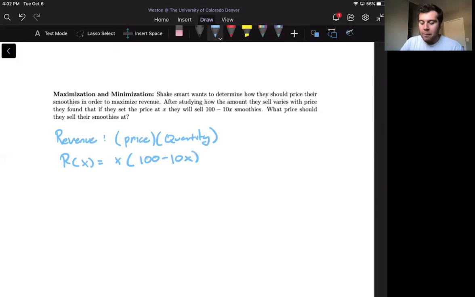So that's telling us how much revenue we get when we set the price at x. And if we distribute that x in, we get the quadratic minus 10x squared plus 100x. All right, now we want to find the maximum, which we know is going to be the vertex of the graph.